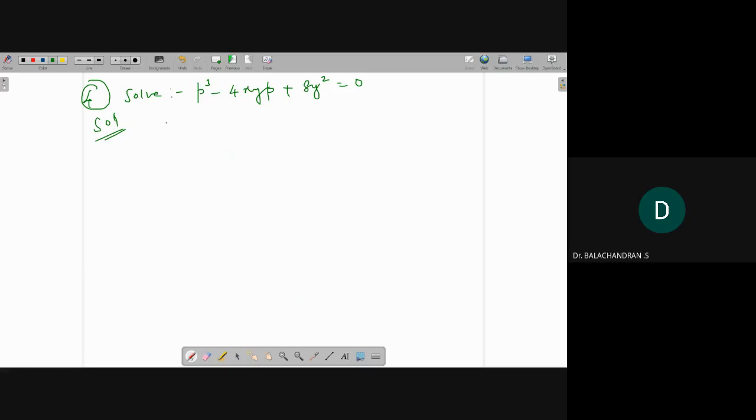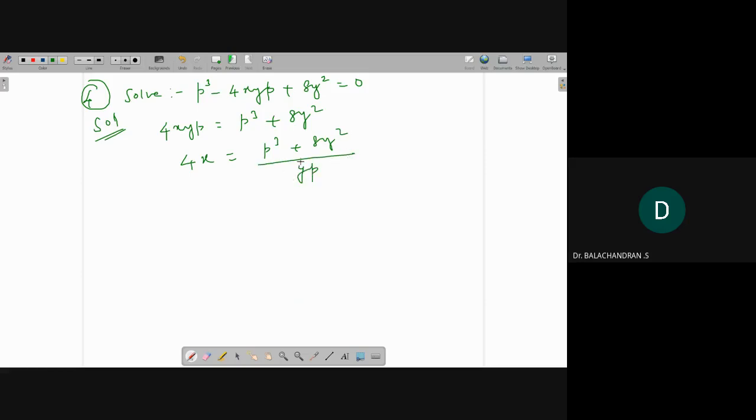So 4xyp equal to p cube plus 8y square. So just keep 4x here. Now I'm going to divide by yp.